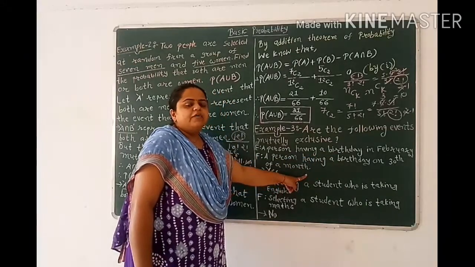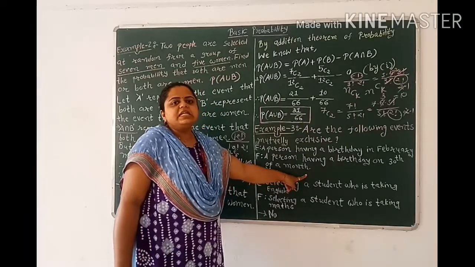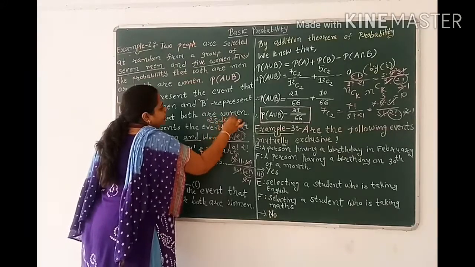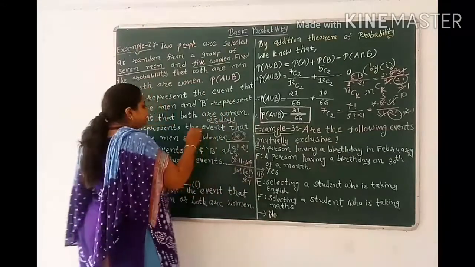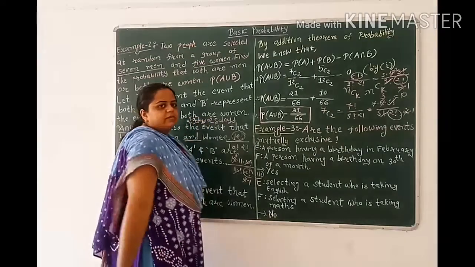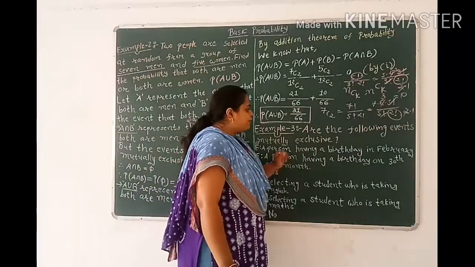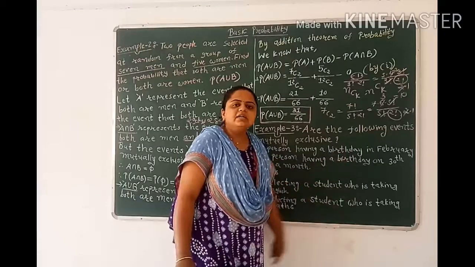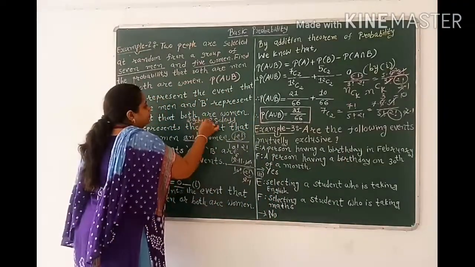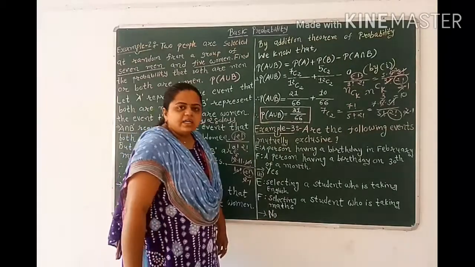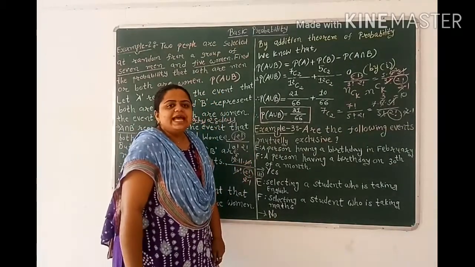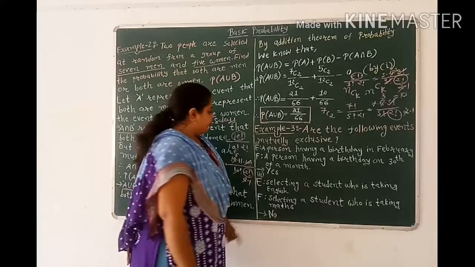As we know, the month of February consists of only 28 days, and in a leap year we have 29 days in February. But event F is a birthday on the 13th. So it is impossible that February has date 30. So E and F are mutually exclusive events.